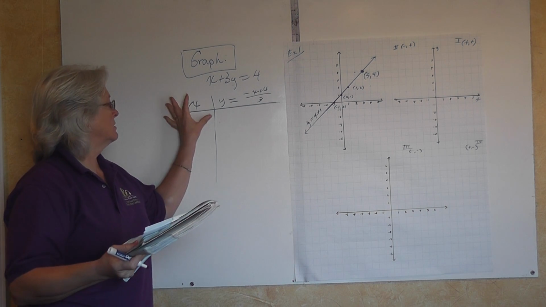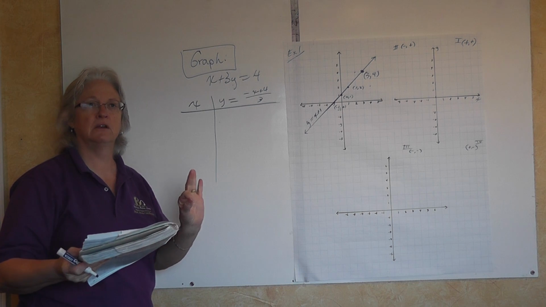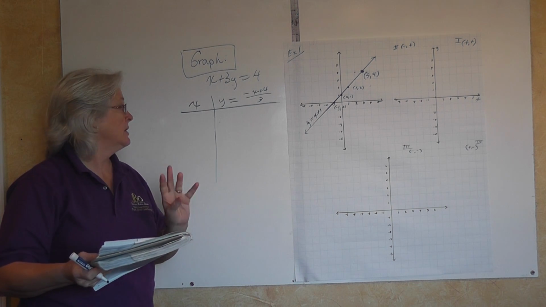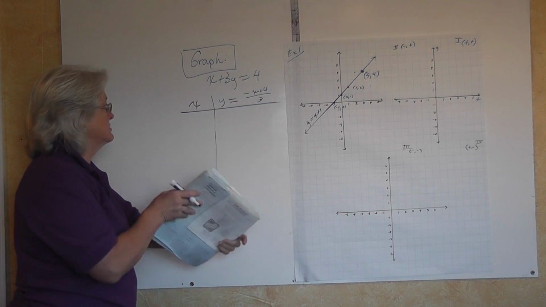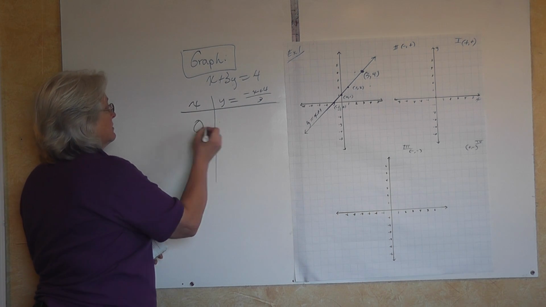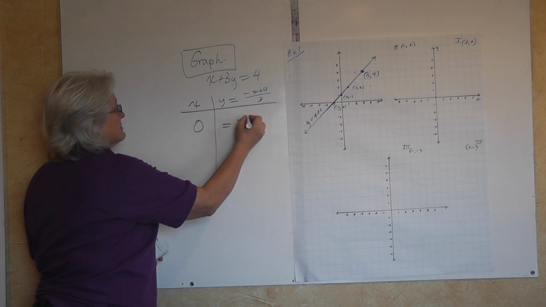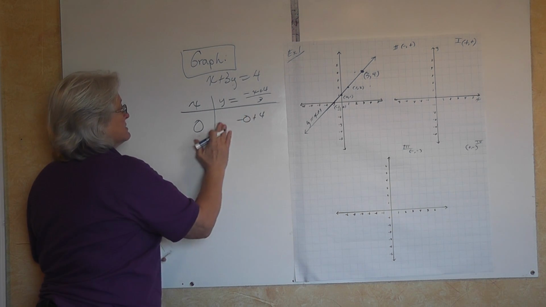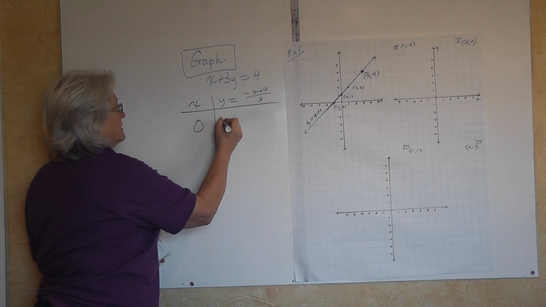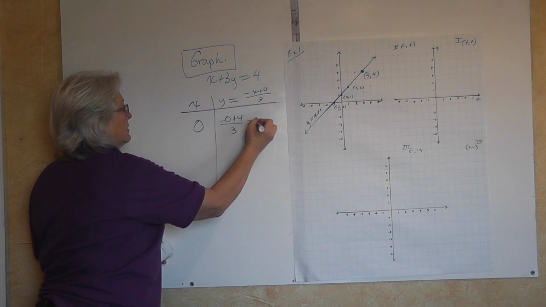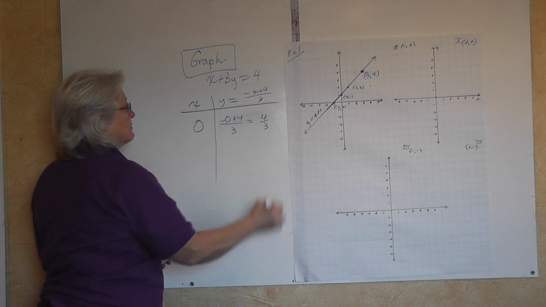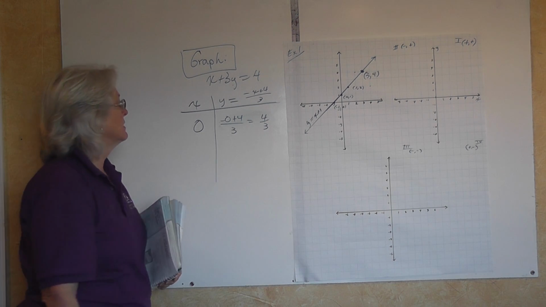If you look at your book on page 235, you're going to see that in our table here we've selected very specifically 4 different points. First off, it's always nice to have what happens if x is 0. So if x is 0, y is going to be the opposite of 0 plus 4 over 3, or it's going to be 4/3. Okay?